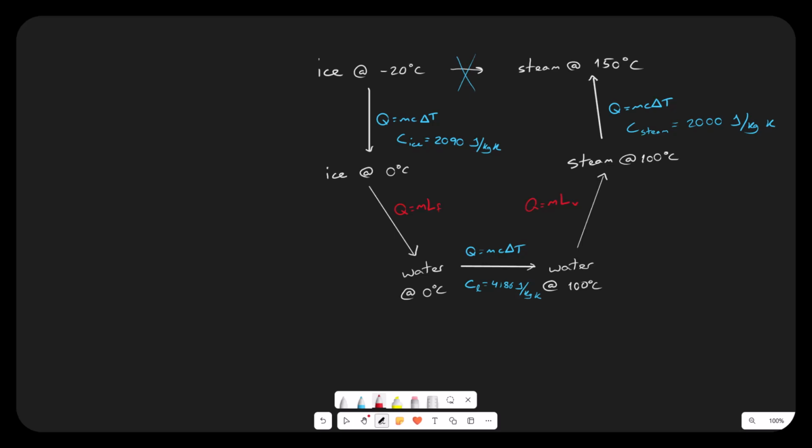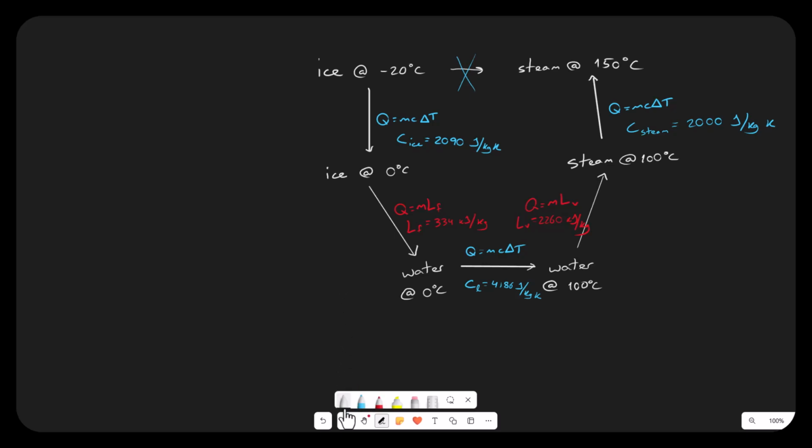I would also like these latent heats, so let me find those. For water, I get a latent heat of fusion of 334, and this is actually in kilojoules per kilogram, and a latent heat of vaporization of 2260 kilojoules per kilogram.